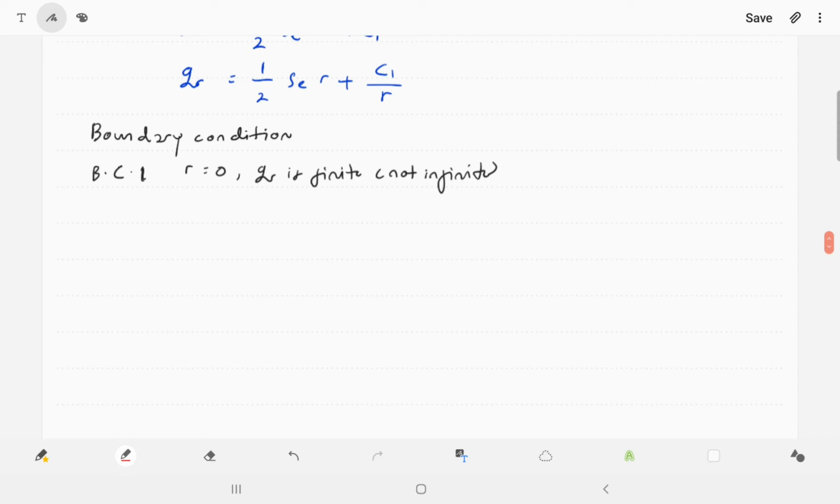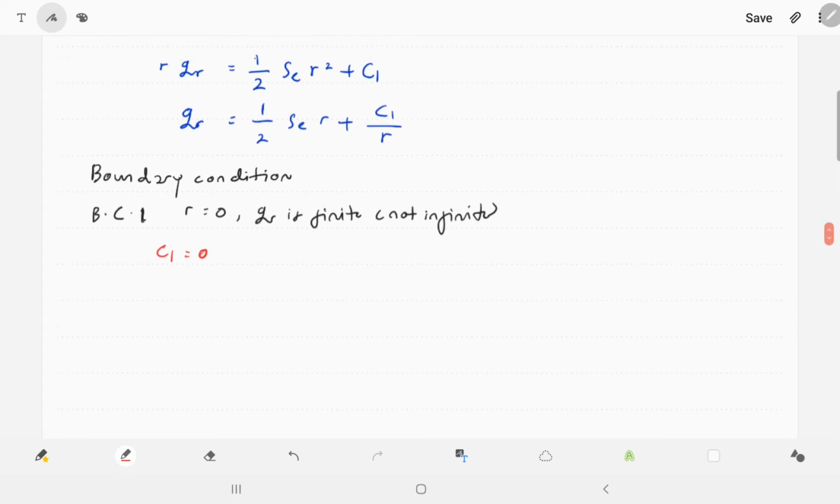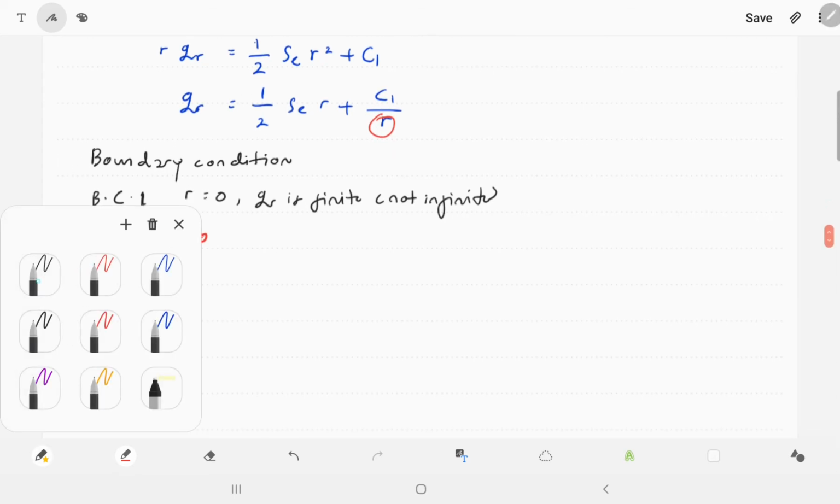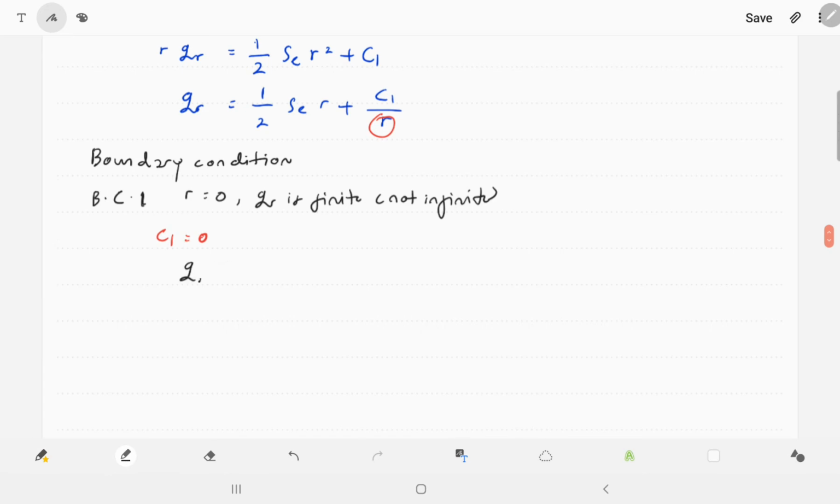So in this respect, C1 should be equal to 0, because if your C1 is not equal to 0, then a division by r equal 0 in here will result in an infinite value. Okay, so as a result of C1 equal 0, your q_r will be equal to half S_e r.